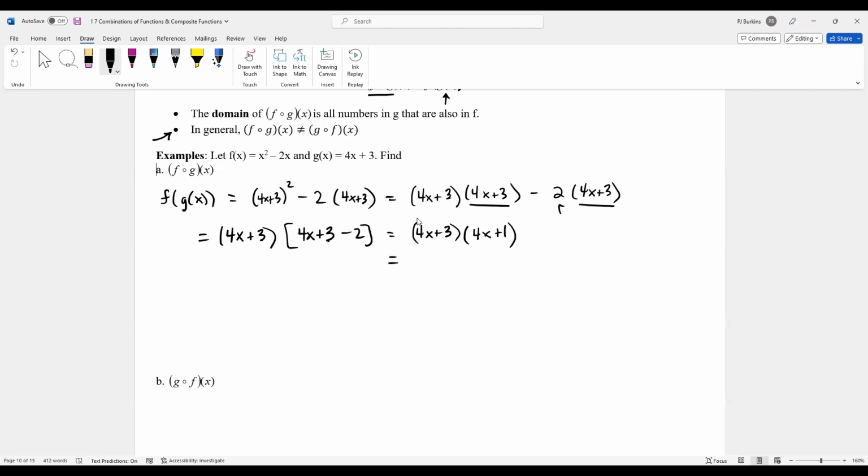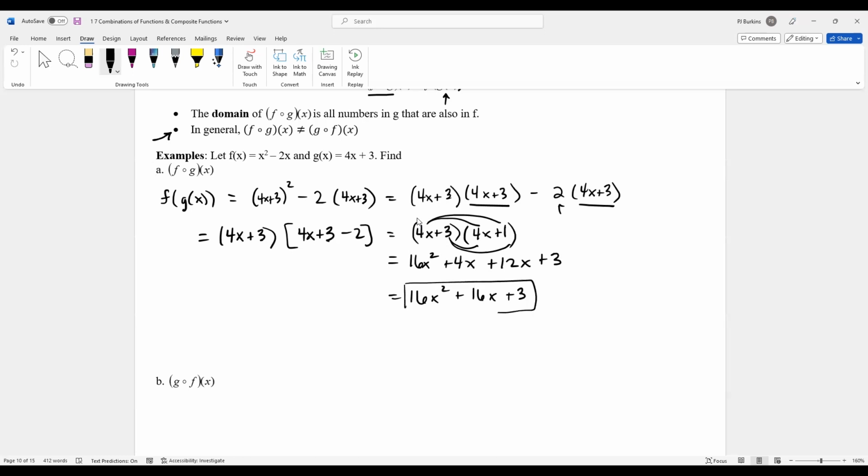So 4x times 4x, that's 16x squared. Then we have plus 4x plus 12x plus 3. So adding up like terms, I have 16x squared plus 16x plus 3.